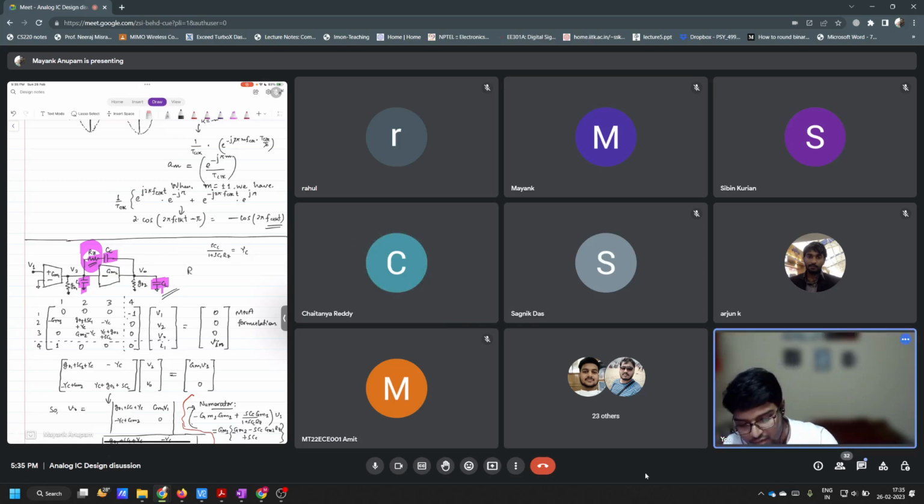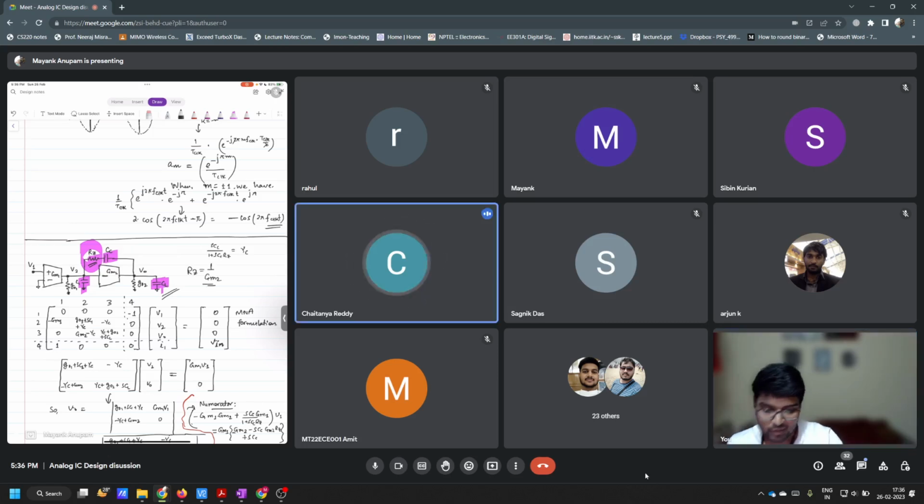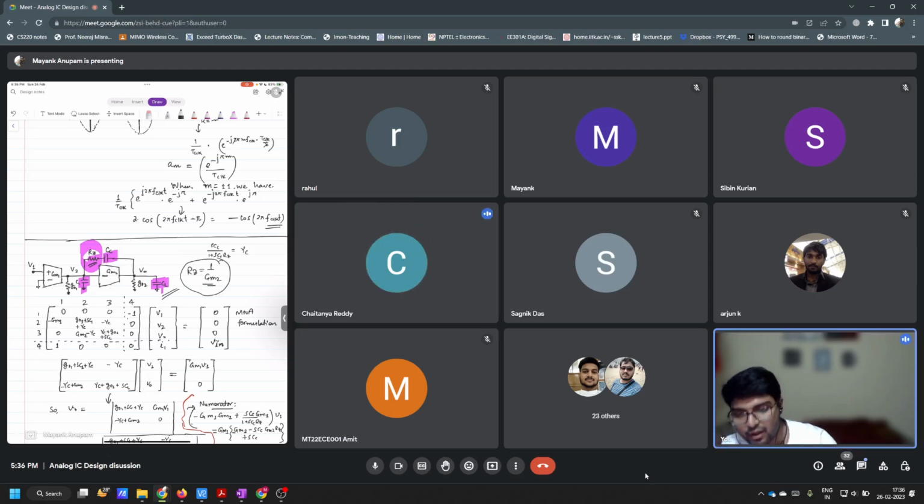This RZ will be what? 1 over GM2, correct? Now this 1 over GM2, if your amplifier was designed properly to start with, then this GM2 will be very large, isn't it? As someone also pointed out earlier, that GM2 has to be very large. If we make GM2 infinitely large in the limit, then the zero that it will introduce will be at very high frequencies, right?